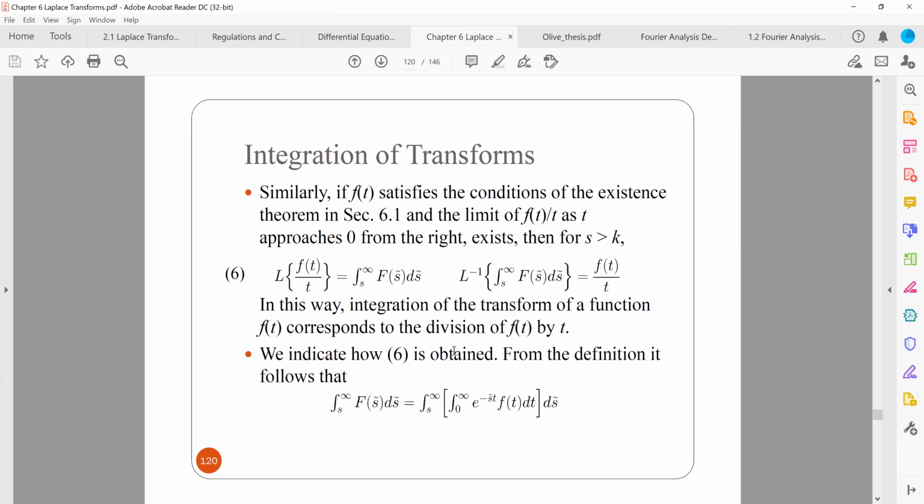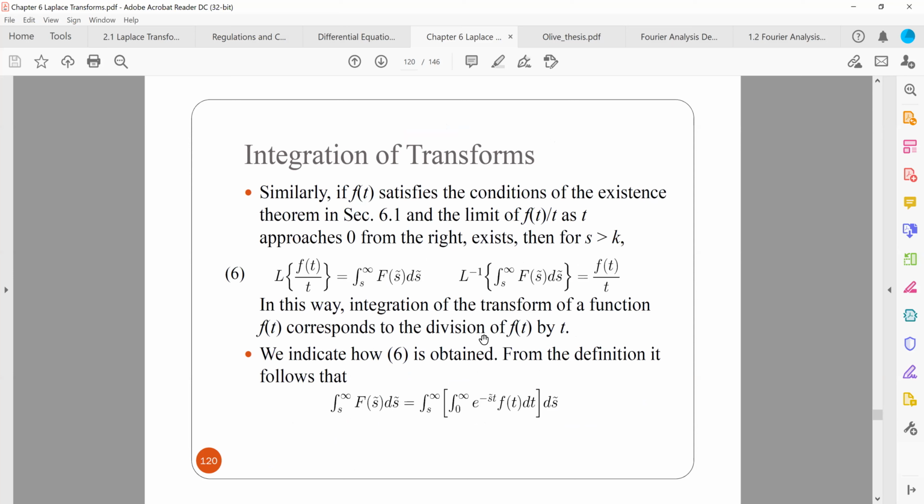We will go to the integration bit. So for integration, if you have a function f(t) and you know its Laplace transform is F(s), then the integral of its Laplace transform is the same as the Laplace transform of f(t) divided by t.